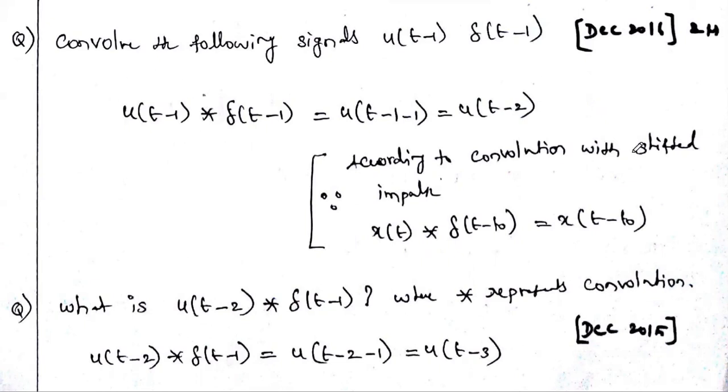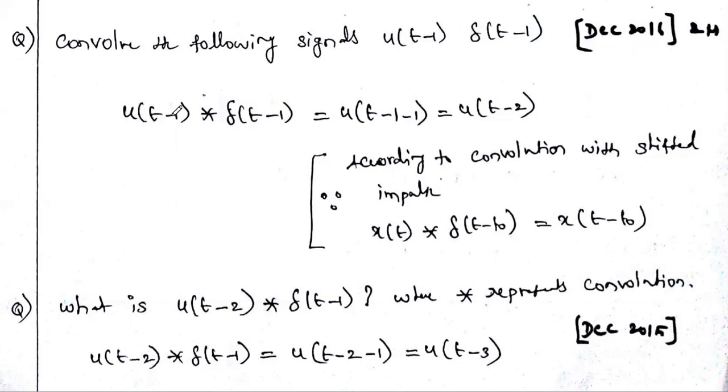According to the convolution with shifted impulse, any signal x of t convolution with a shifted impulse signal gives that signal shifted by this amount. Here the t naught amount is 1. So u of t minus 1 convolution with del of t minus 1 is u of t minus 2.